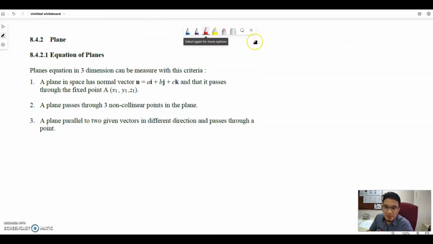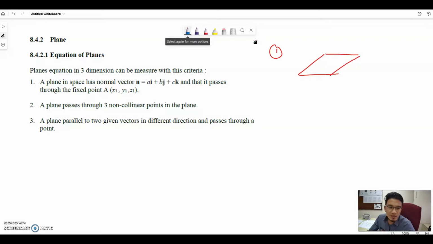Criteria number one specifically mentions that a plane in space has normal vector. Let's say we have a plane right here, and this plane has a normal vector that is perpendicular to the surface of the plane.